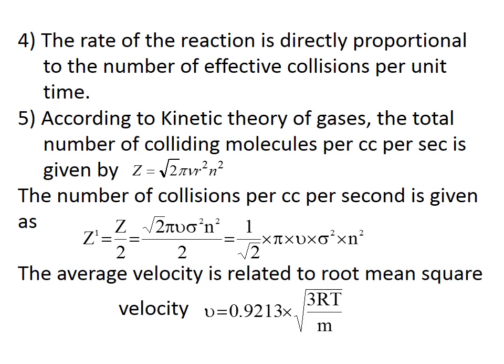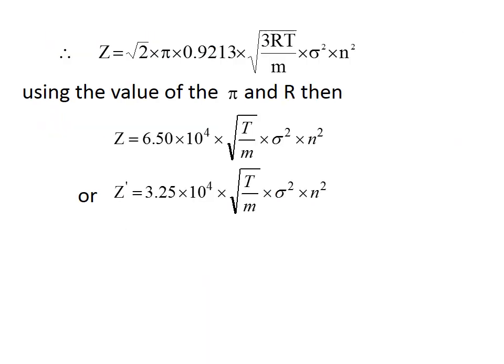Now the average velocity is related to the root mean square velocity: v equal to 0.9213 into root of 3RT by m, and we replace the average velocity by the root mean square velocity. Z will be equal to root 2 pi into 0.9213 into root of 3RT by m sigma square N square.